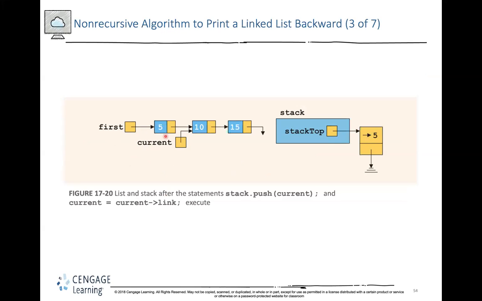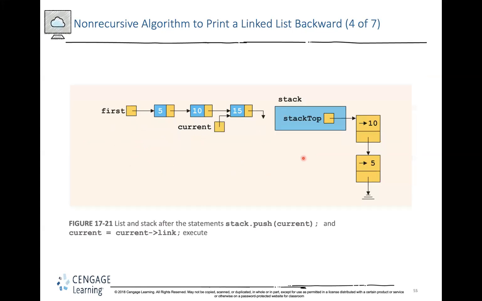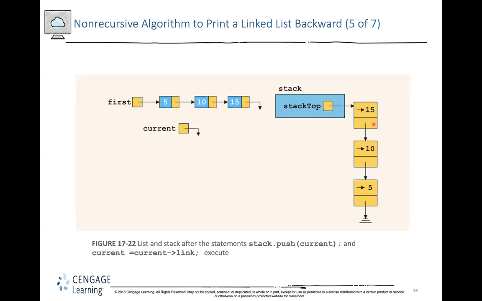So that was the pointer to the element with the value 5. Then we iterate over the list, move on to the next, and push 10 onto the stack, the pointer that goes to element 10. Then we push element 15, basically the location, the address of that element, onto it.